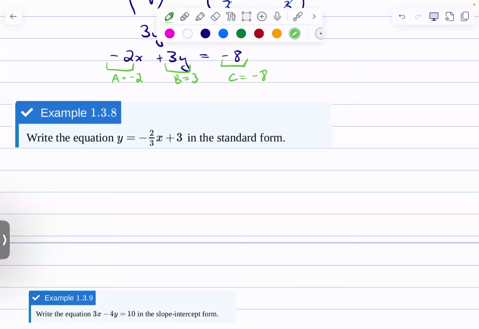This one's easy in comparison, right? What if we have to write this equation, which is in the form y equals mx plus b, right, in the standard form? So what does that mean? Standard form is that ax plus by is equal to c.